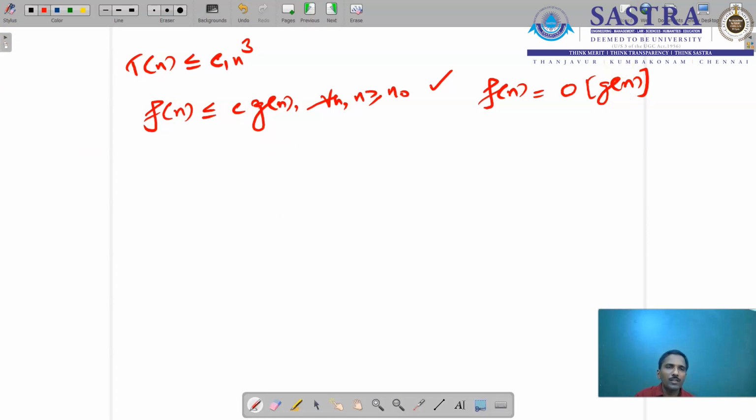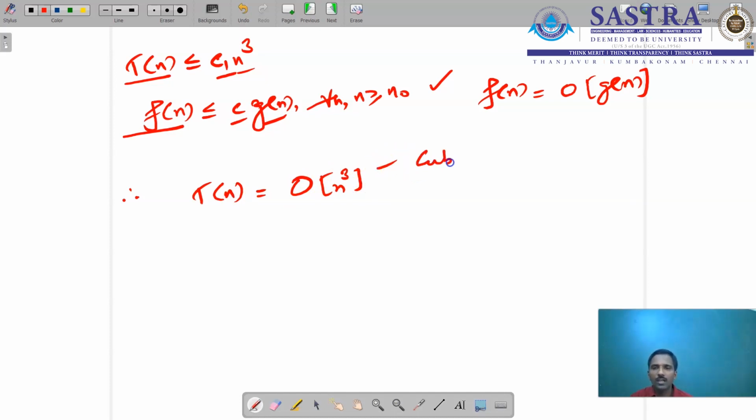Clearly here, f of n is compared with T of n, the constant c1 is there, n power 3 is g of n. Therefore, T of n is equal to big O of n power 3. This is a cubic computational complexity.